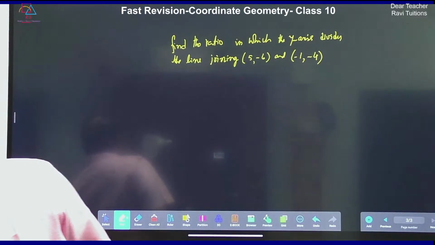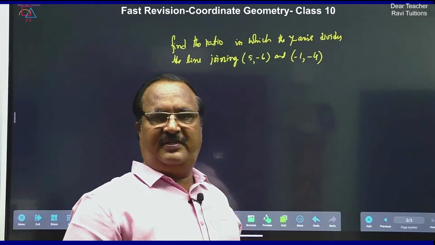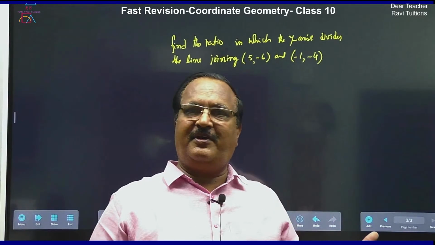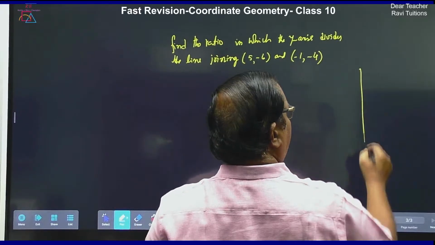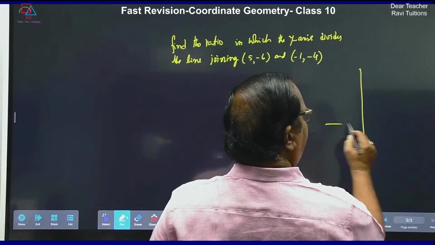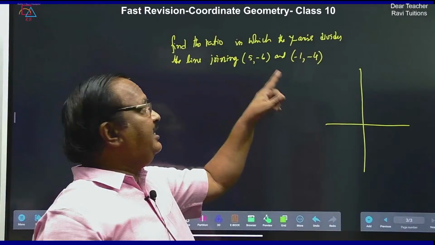First you understand the question and then we will apply the formula. Don't directly apply the formula. So now this is the coordinate plane, and there is a line joining these 2 points.